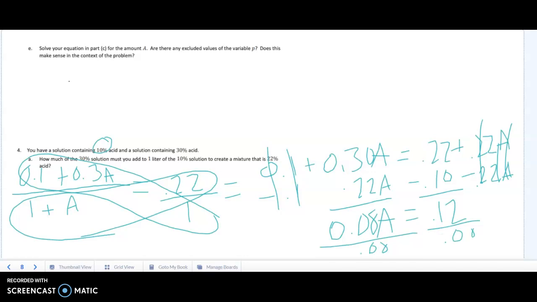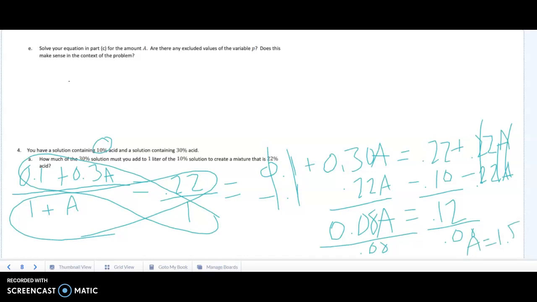And the amount, 3/4... 1.5. Crazy. Yeah, A equals 1.5. So what does that mean?